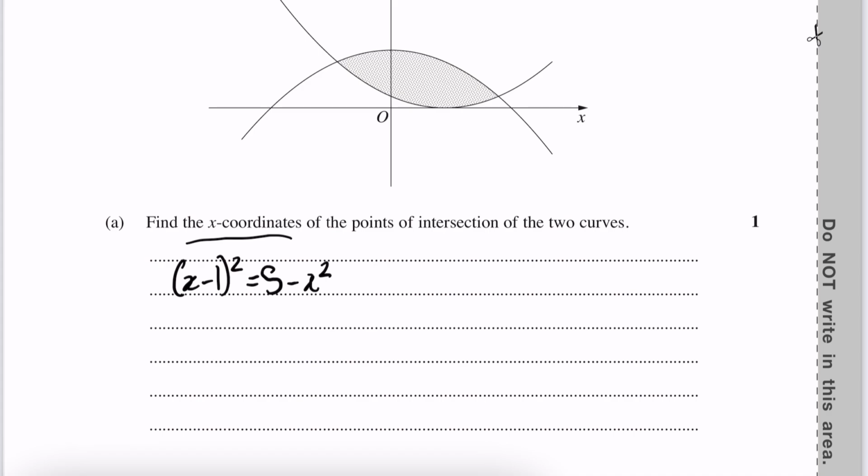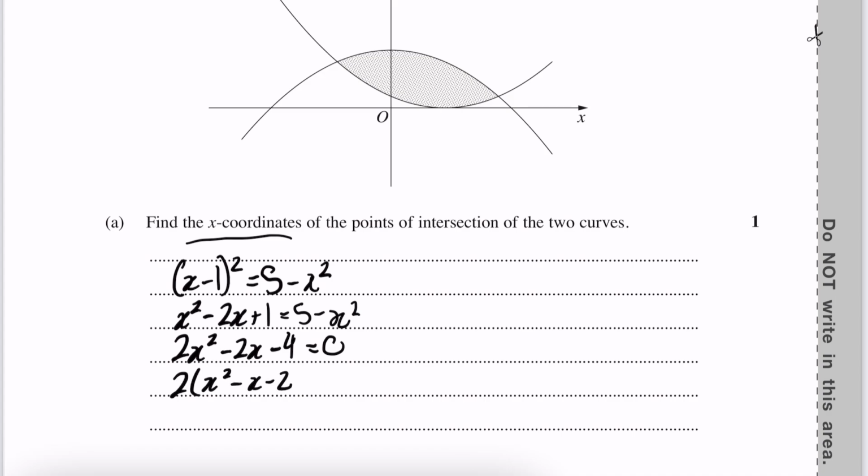So we have something like that. If we expand the perfect square bracket, we get this. If we collect like terms, we get 2x squared minus 2x minus 4 equals 0. You could factor out a 2, and then you can factorize.